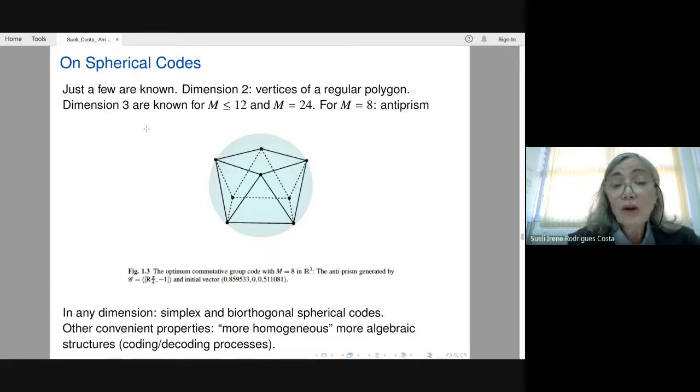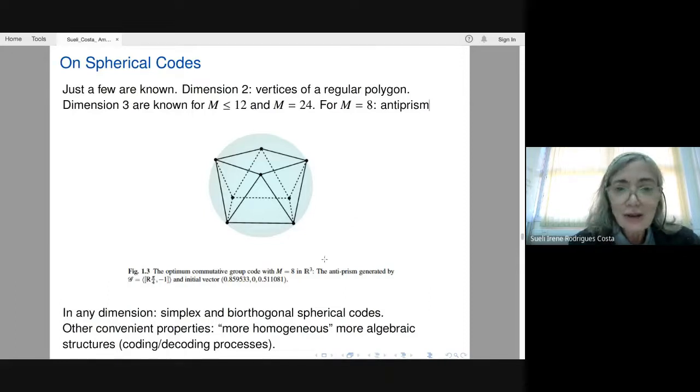If you have 4 points, again, it will be just a tetrahedron. But if you have 8 points, the best solution is not a cube, right? We can increase the distance between points here, and so the solution will be the so-called antiprism, right?